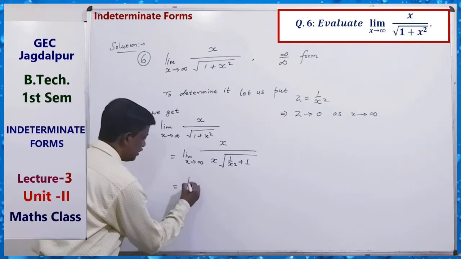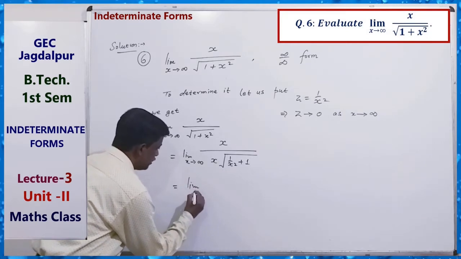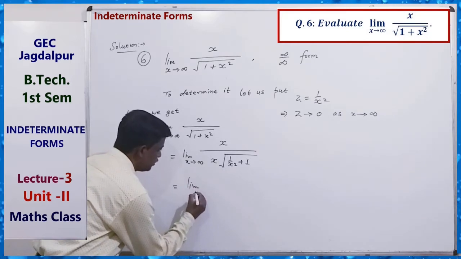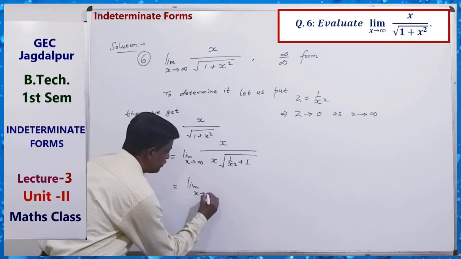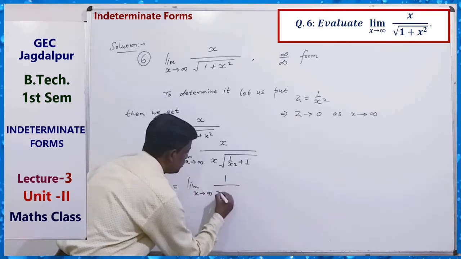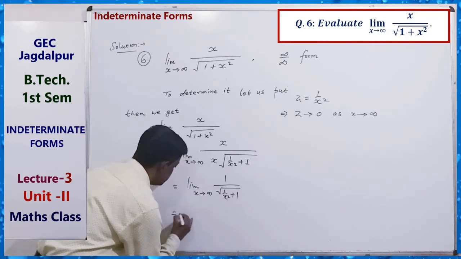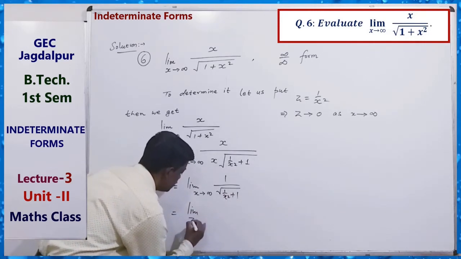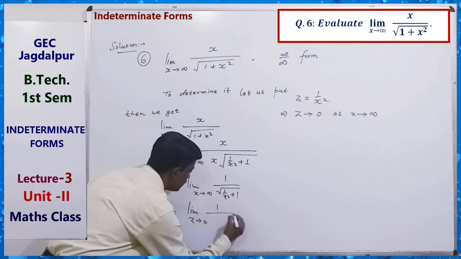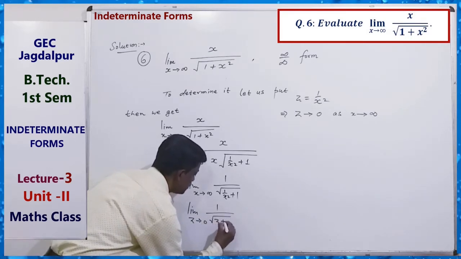Limit x tending to infinity of 1 upon root over 1 by x square plus 1 implies limit z tending to 0 of 1 upon root over z plus 1.